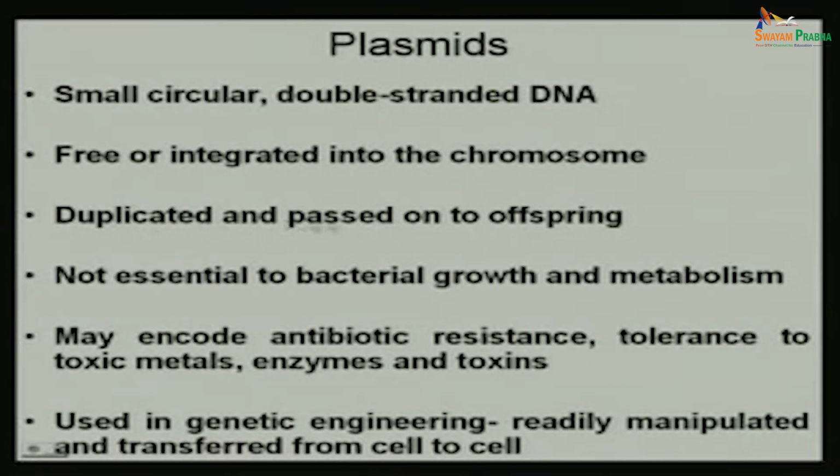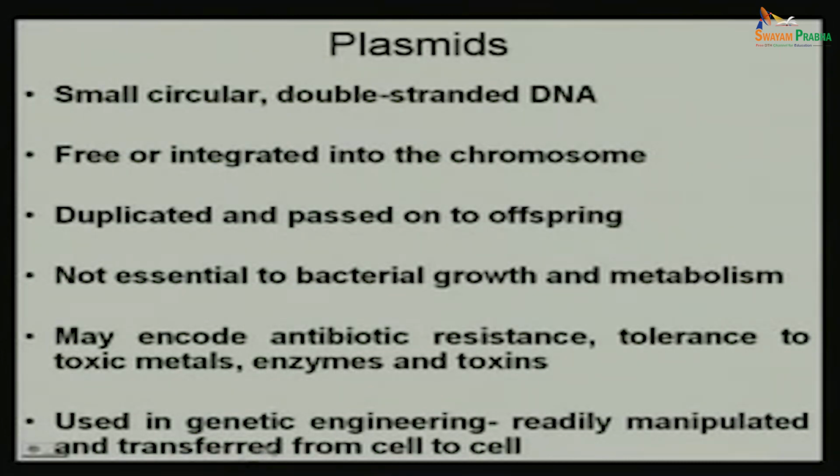It can be duplicated and passed on to the offspring. It is not essential to bacterial growth and metabolism. It may encode antibiotic resistance, tolerance, toxic material, enzymes, and toxins.